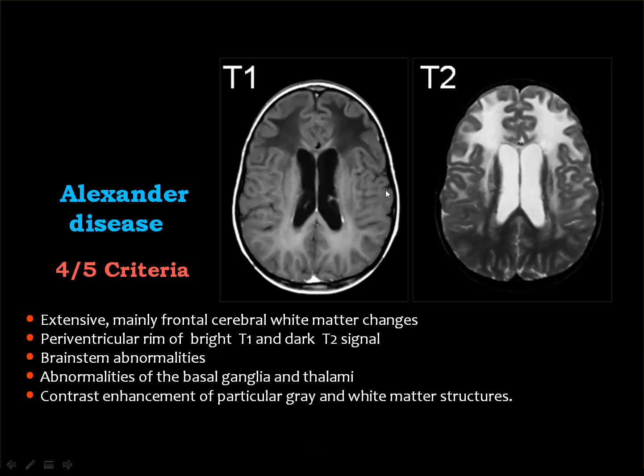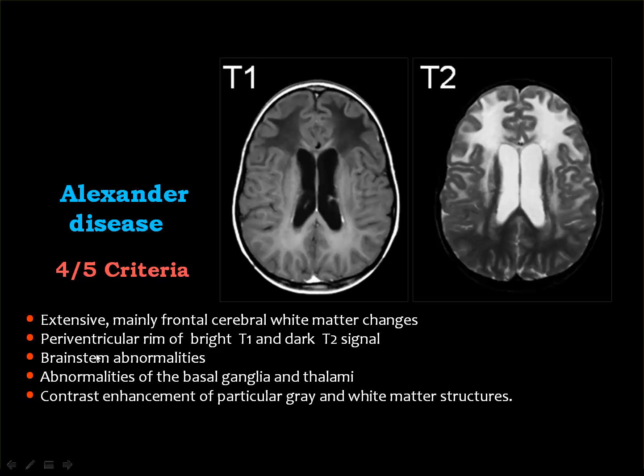The literature says that you should have 4 or 5 criteria to diagnose Alexander disease. Number 1, extensive mainly frontal white matter changes, periventricular rim of bright signal in the T1. And the explanation of this rim is not clear. If you look carefully here, I think you can appreciate this high signal.